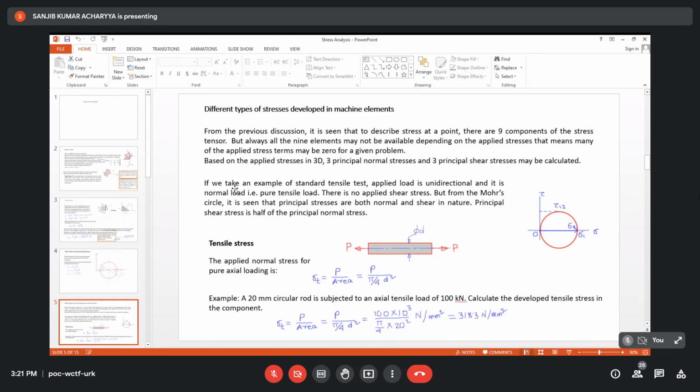I will again explain one thing, that critical point, critical section on the member. Suppose a member is there, subjected to load. You will try to review what is the variation of the effect of stress along the section. From section to section, is there any variation?